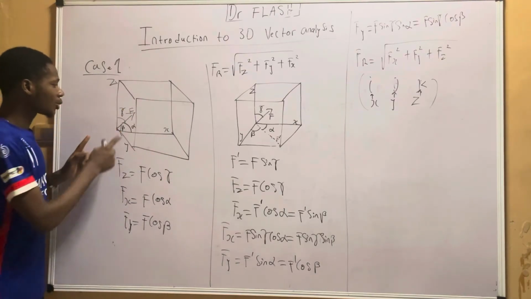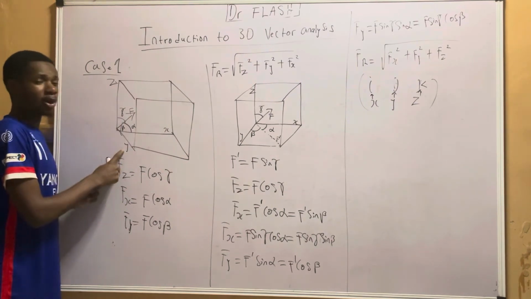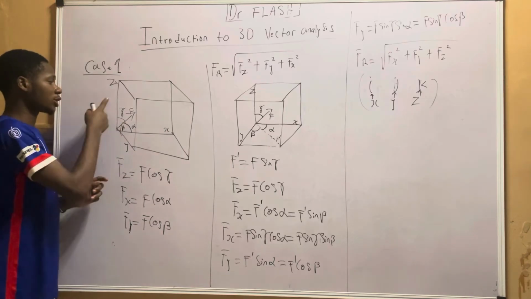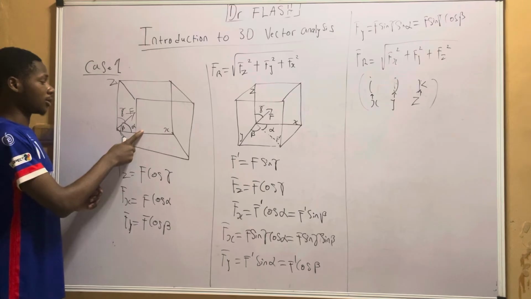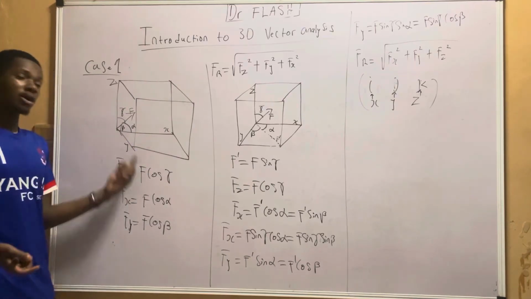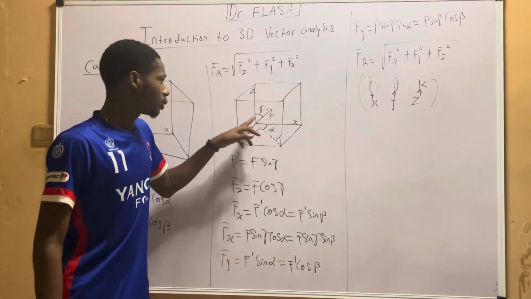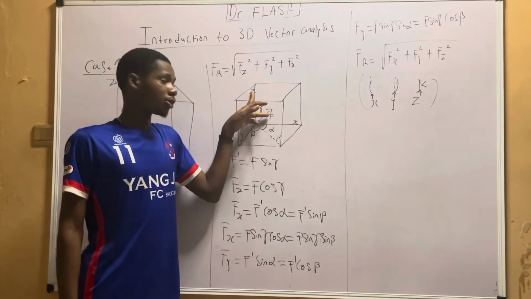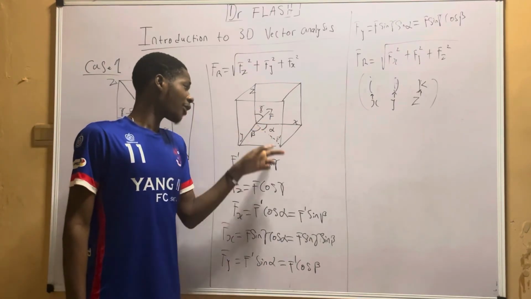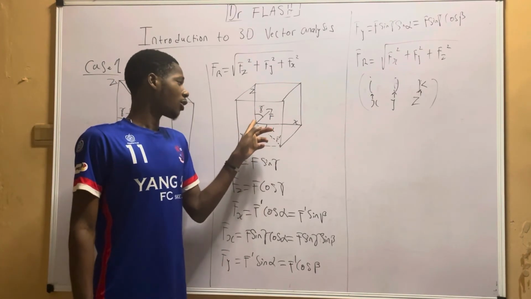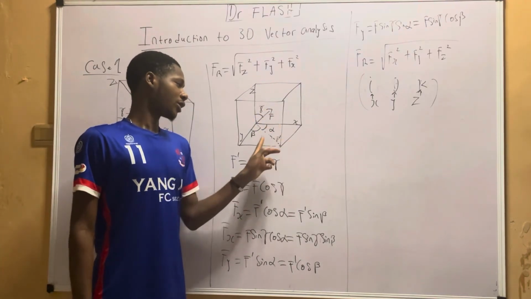For a case like this, when we're having the angles to the z, x, and y components directly, we just resolve. So for the components, we have f cosine of alpha, f cosine of gamma, and f cosine of beta. Everything remains cosine, most times. And then when we're having the angle just to the z component and we're not given that to the x and y components directly, we might have to resolve to a bottom plane, which lies on this plane, and the angles will be given as alpha and beta.